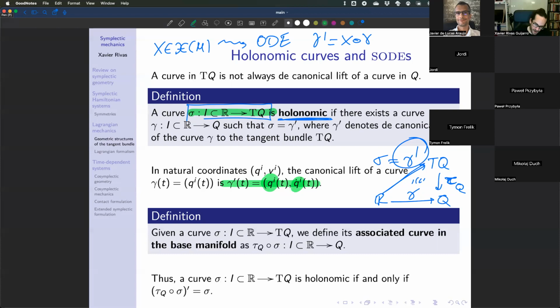Of course, every curve in TQ has an associated curve in Q. This is quite easy. We only have to project with the projection to the base space. In this way, a curve will be holonomic if and only if this equals sigma. So projecting and then lifting, we obtain the original curve. In this case, sigma is holonomic.